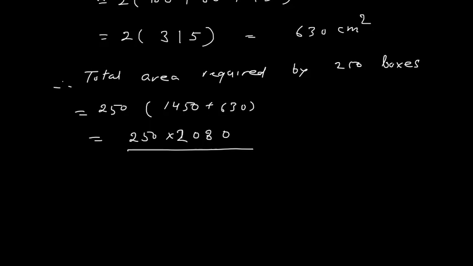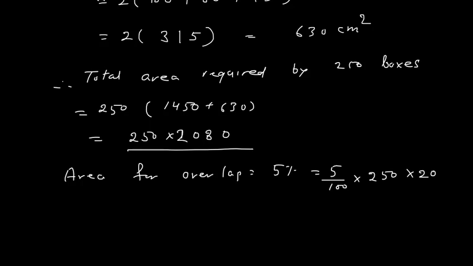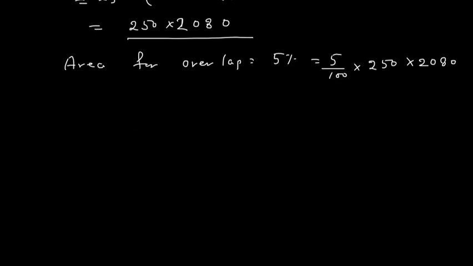Now the area for overlap. Area for overlap is 5%. That is 5 upon 100 into 250 into 2080. Okay. This is the area of overlap. So therefore the total area is 250 into 2080 plus 5%.